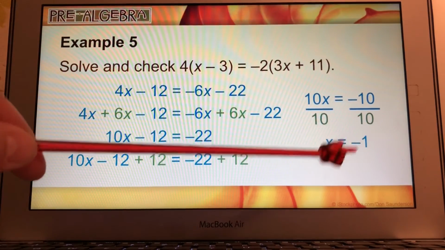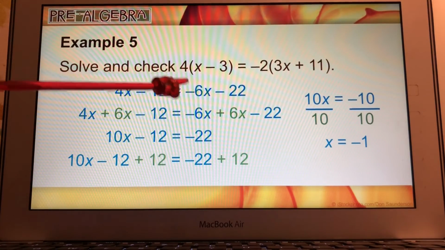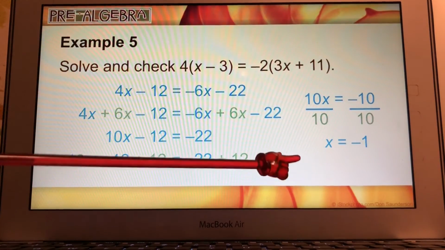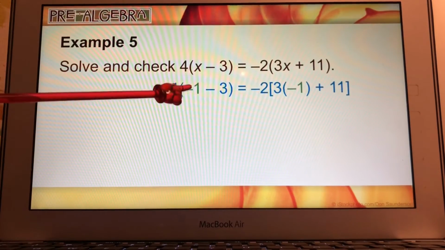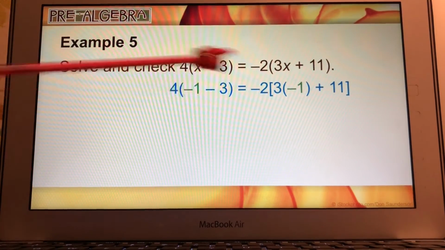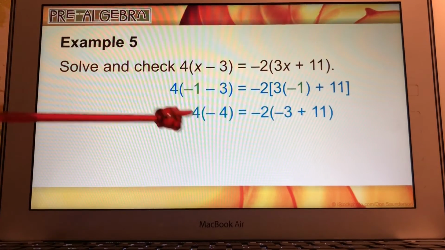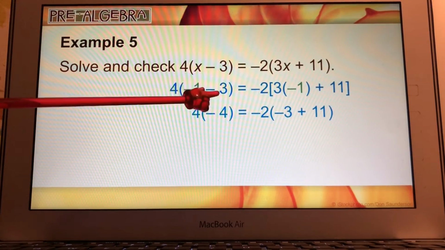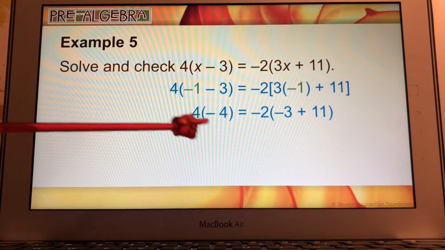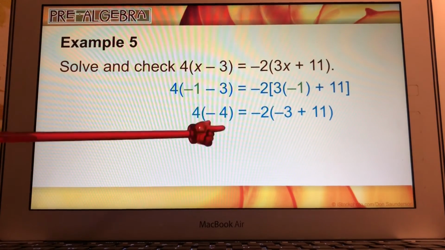Well, does that fit our equation? Does it solve our equation? So I have to go back and check. If I plug in -1 for our x right here and simplify, then I have -1 minus 3. That's going to give me -4, and then times 4.